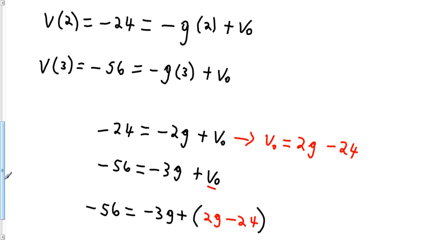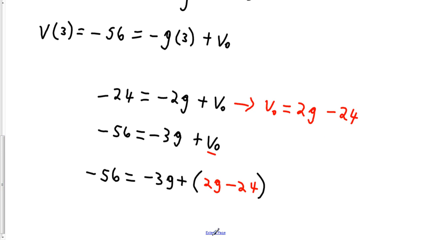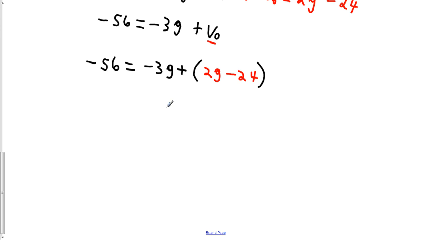All right, so I can simplify this. Now I have one equation with only g unknown. So let's see, we have negative 56 is equal to negative 3g plus 2g, which is just negative g, minus 24.